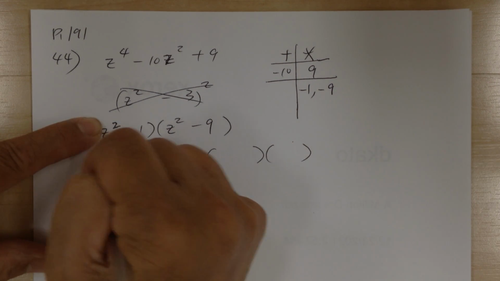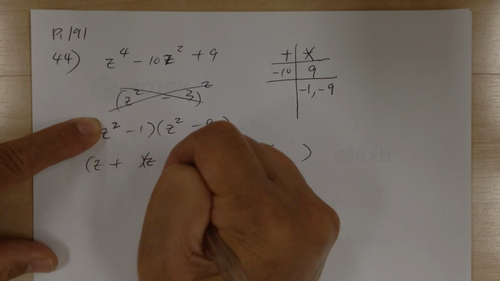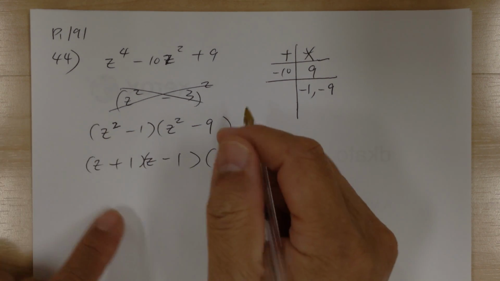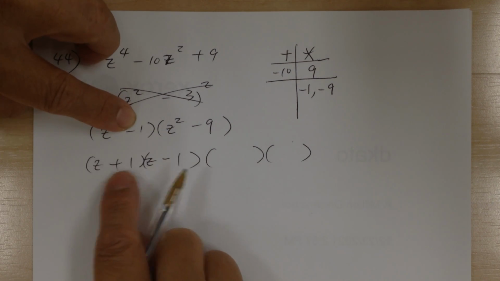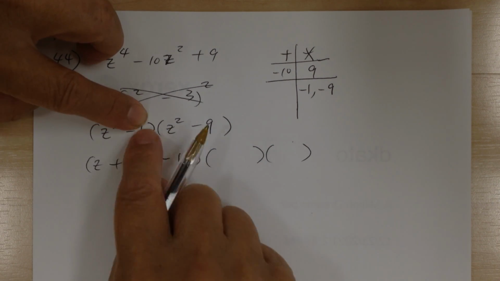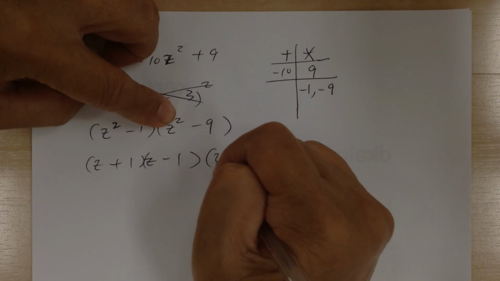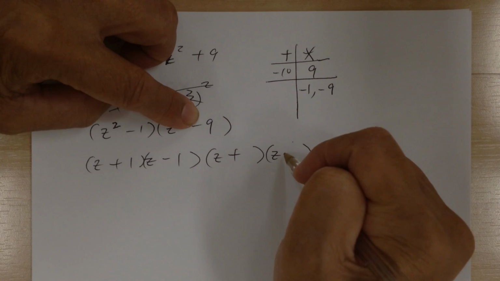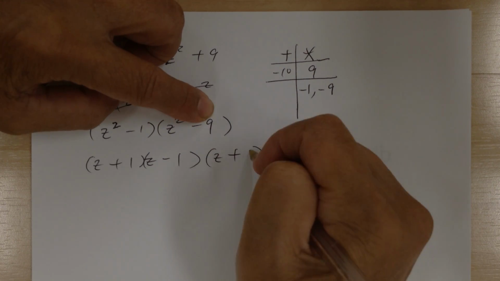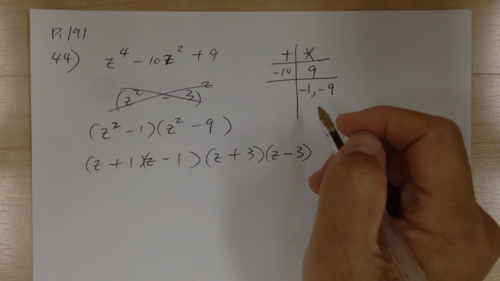This one you need z plus and minus 1. Break down each part: z times z gives you z squared, plus times minus gives you minus, 1 times 1 gives you 1. Now this one, you need a z and a z. Z times z gives you z squared, plus times minus gives you minus, and 3 times 3 gives you 9.